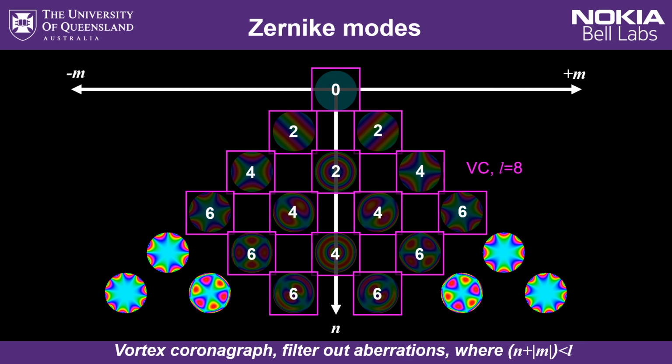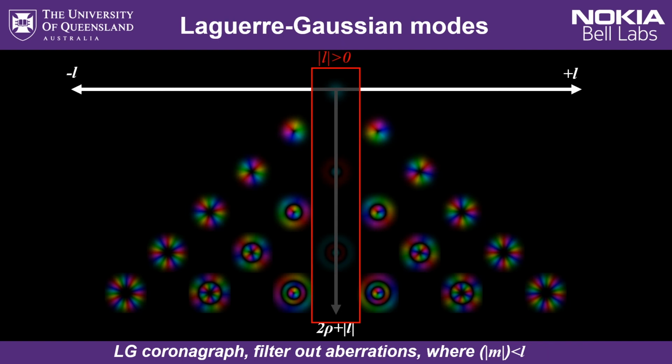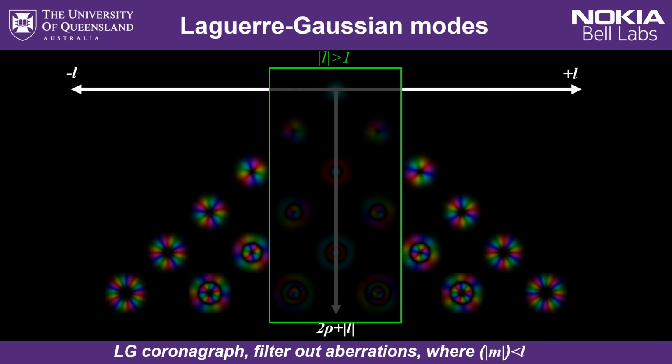For an LG coronagraph, the lowest order implementation blocks the L equals 0 line. It's similar to a charge 2 vortex coronagraph, except it's immune to circularly symmetric imperfections like focus and spherical aberrations, but also circularly symmetric obstructions of the pupil. Then, as we increase the order, we block more and more modes in the azimuthal direction, along that azimuthal axis.